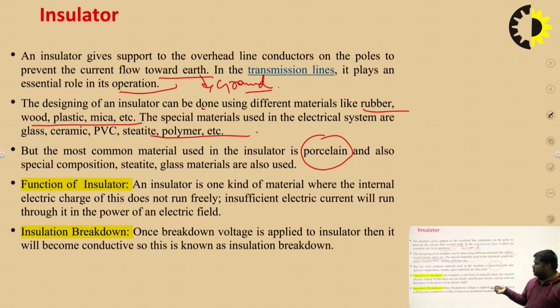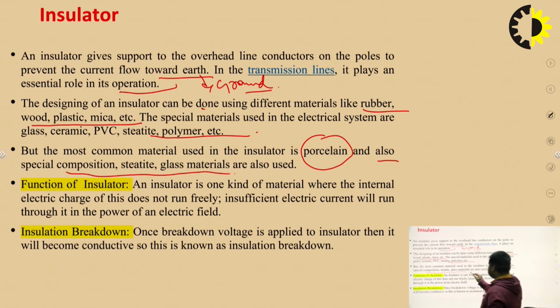Which type of material is used for the insulator as a special purpose? Steatite glass materials are also used, but porcelain is the most important special material.